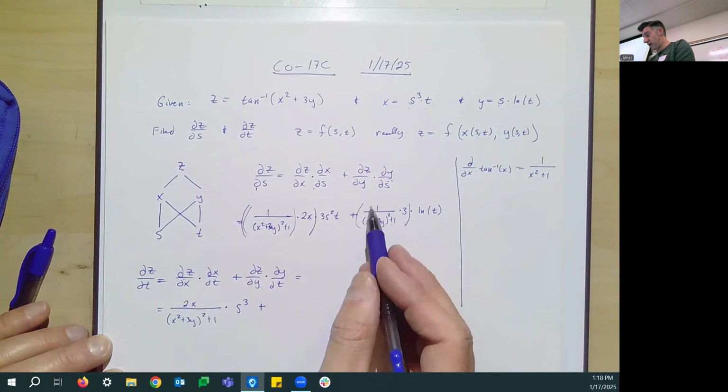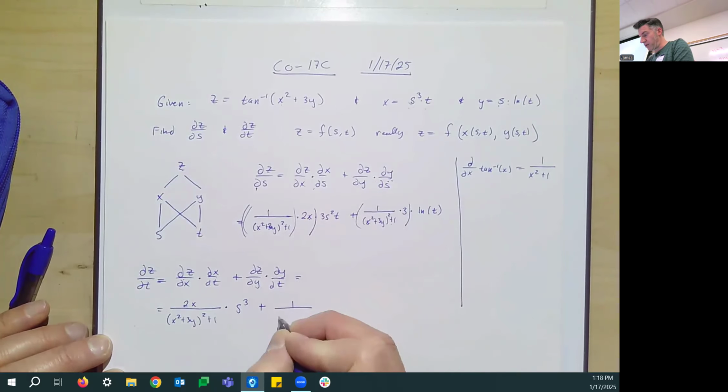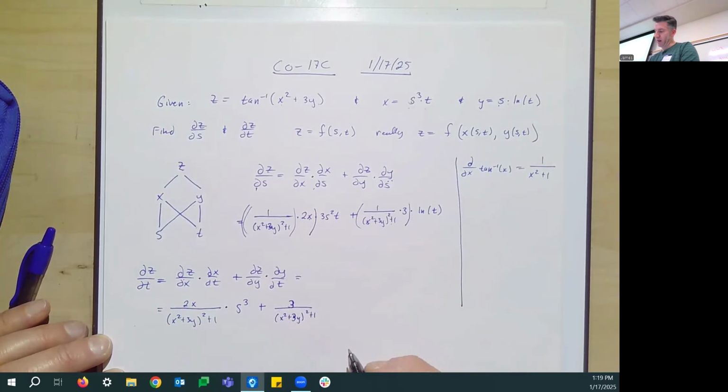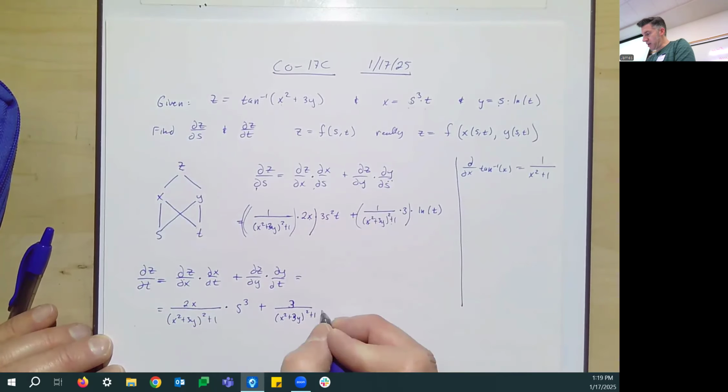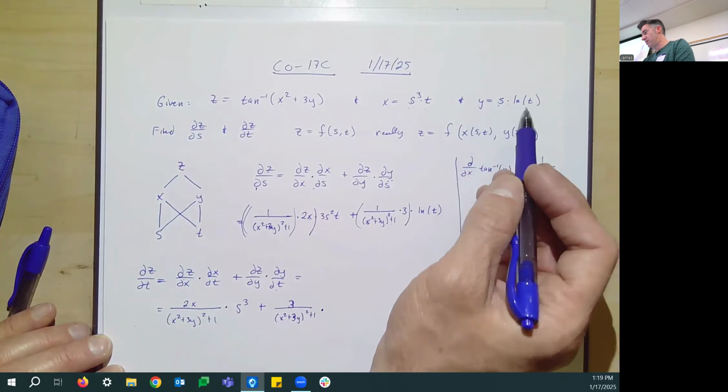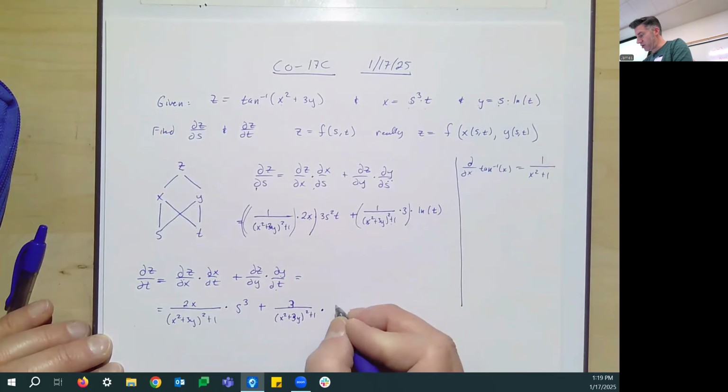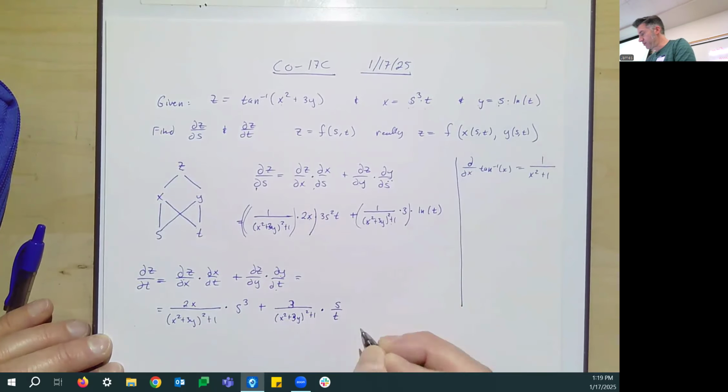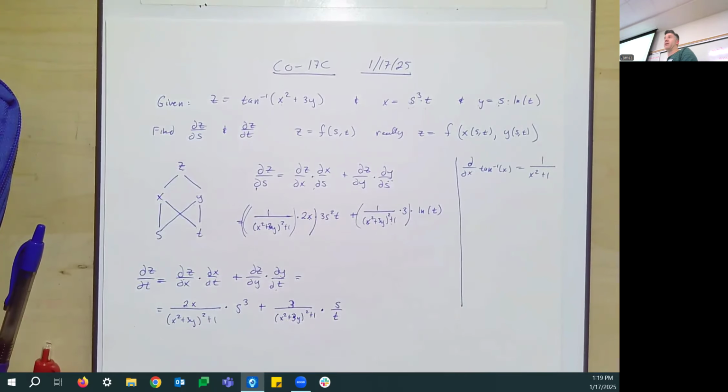Del z del y is right there. It's 1 over x squared plus 3y squared plus 1. And I'm going to write the 3 on top. All right, for that late change there. Times del y del t, which is the derivative of this with respect to t. So it's s times 1 over t, or s over t. And there's my del z del t.